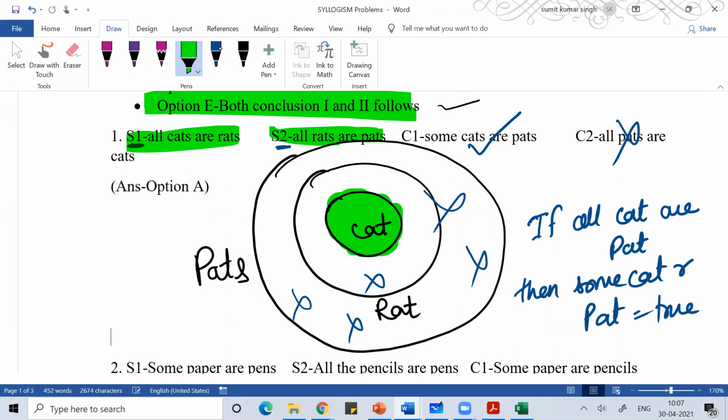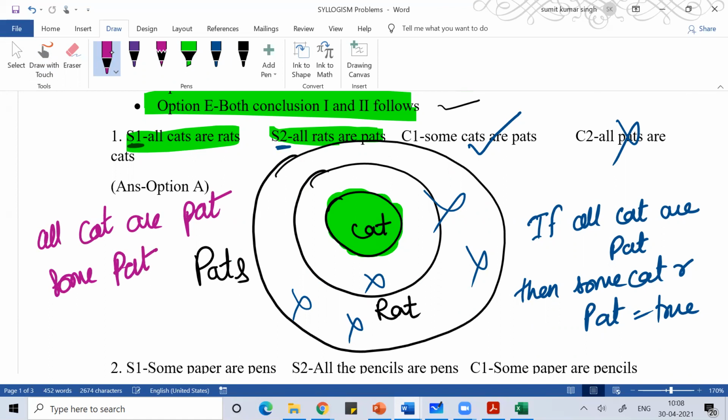This much pet, which I've marked with green color, are cats, but those pets outside the boundary of cat are not cats. So not all pets are cats; some pets are cats. I hope everyone is understanding. Any doubt, any question?